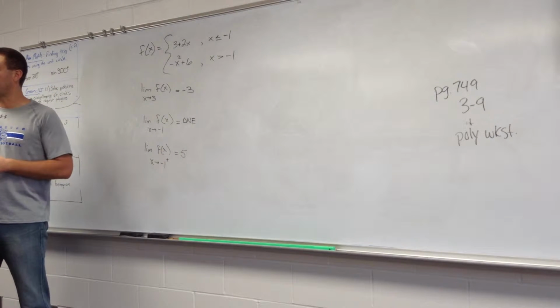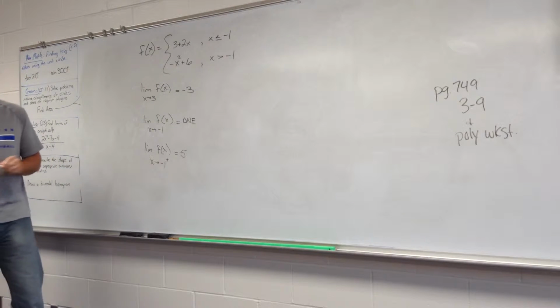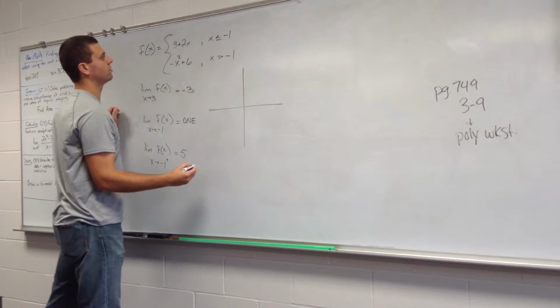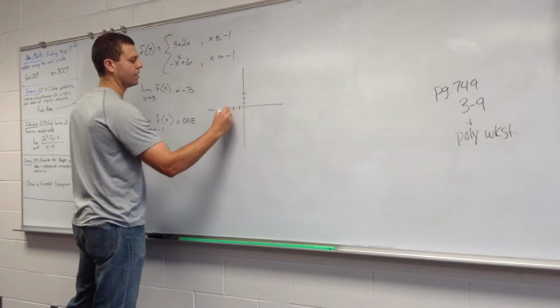Now, can you graph this if you want to help you determine the answers? Absolutely, I have no problem with that. Okay? Look something like this, 3 plus 2x, so your y-intercept would have been 3.